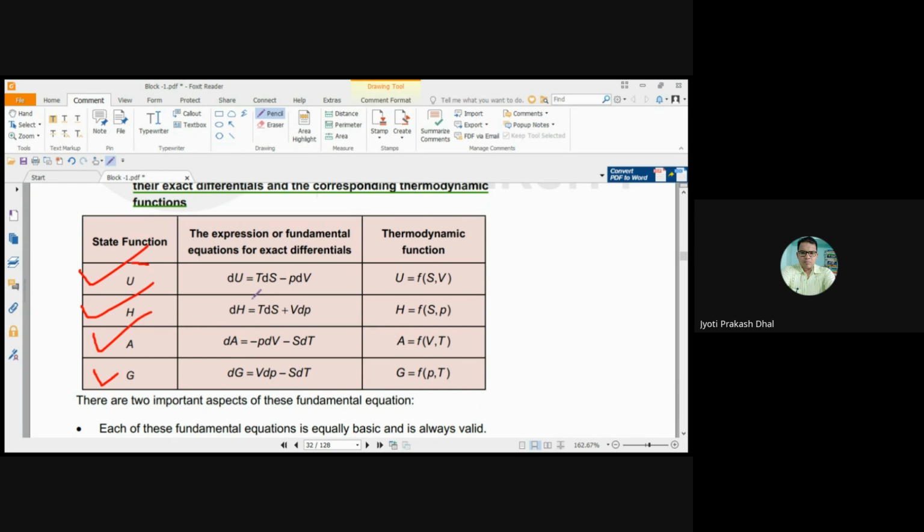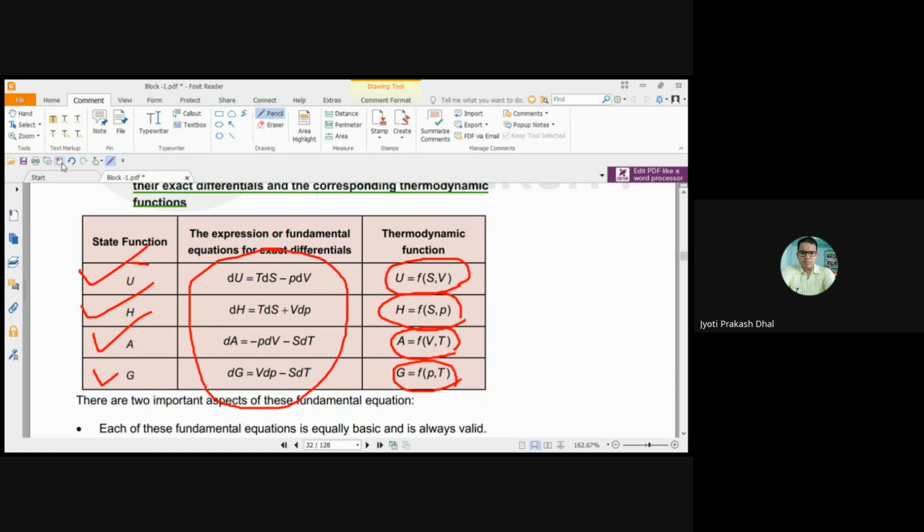Because we have studied that dU for internal energy is a function of entropy and volume, enthalpy is a function of entropy and pressure, Helmholtz energy is a function of volume and temperature, and Gibbs energy is a function of pressure and temperature.